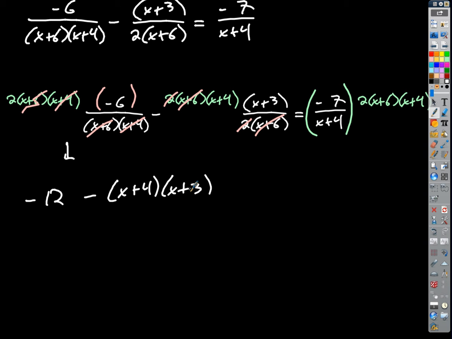If I'm subtracting a product, I'm subtracting a quantity, so these have to be in parentheses, right? Both of them? If one of these wasn't in parentheses, it would imply only the x is being multiplied by the x plus 4, and that's not true, right? What about over here, what cancels? x plus 4. Okay, and so what's that leave us on the other side of the equation?